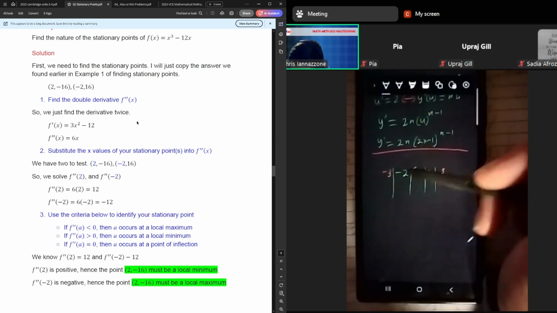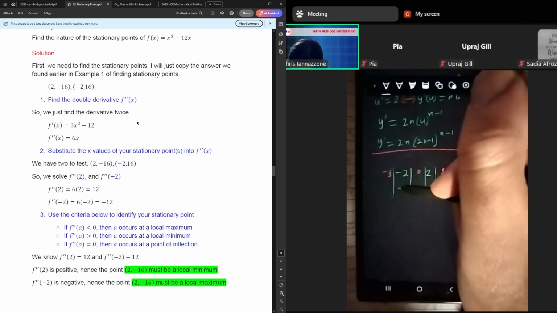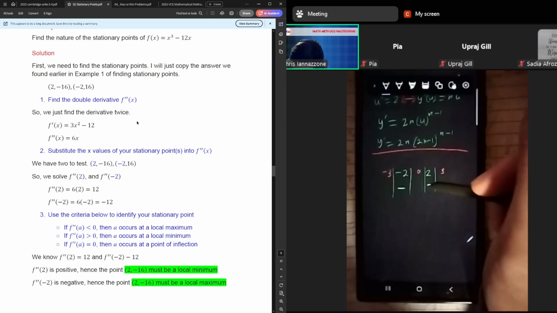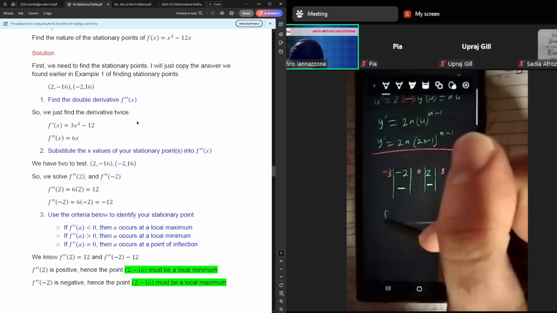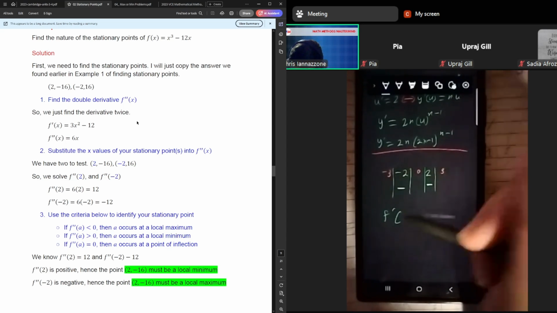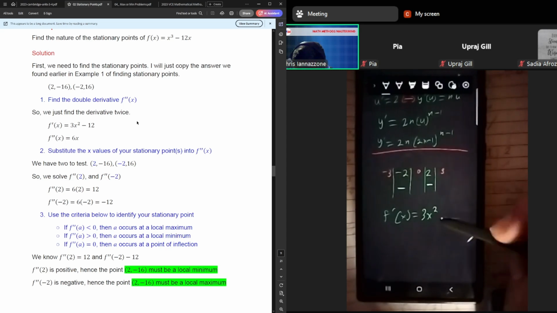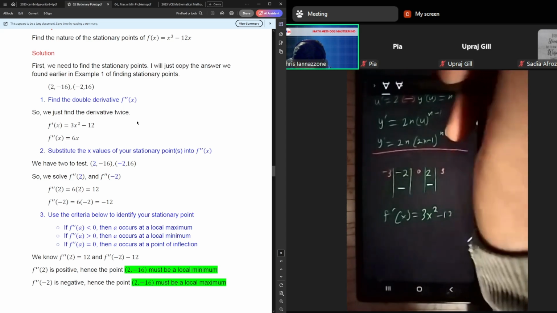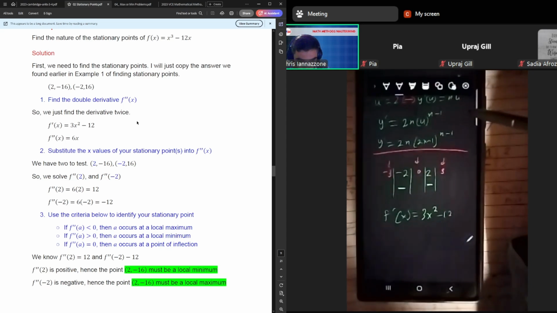So you would start with the ones you do know, which is negative 2 and 2. Those are going to be represented by flat lines, which is a 0 gradient. What you would then do is you have your f dash of x is 3x squared minus 12. You test these 3 points and see if you get positive, negative, or 0.